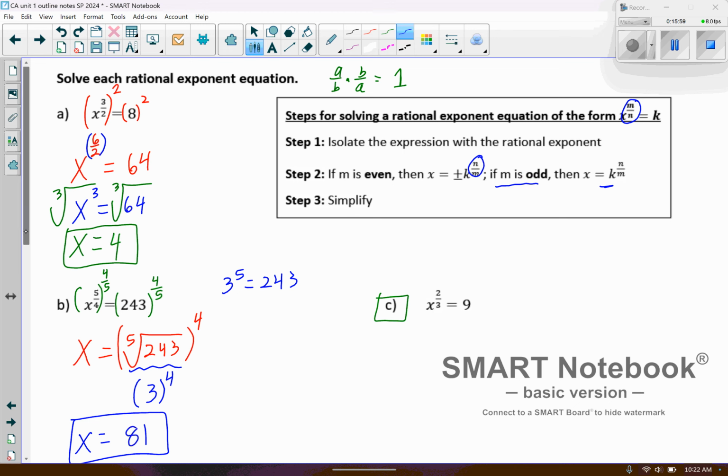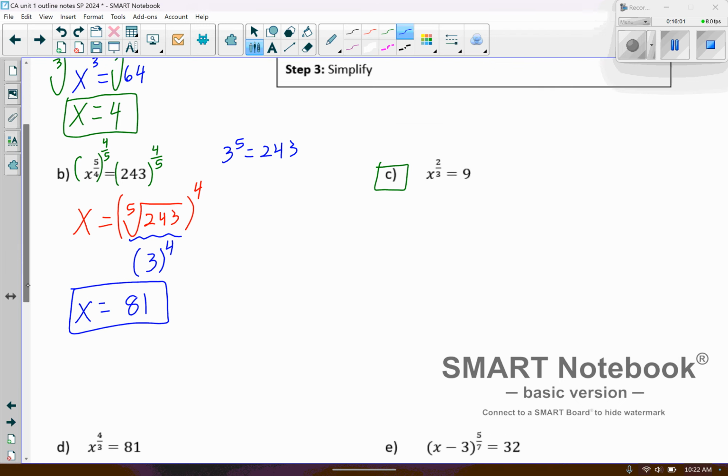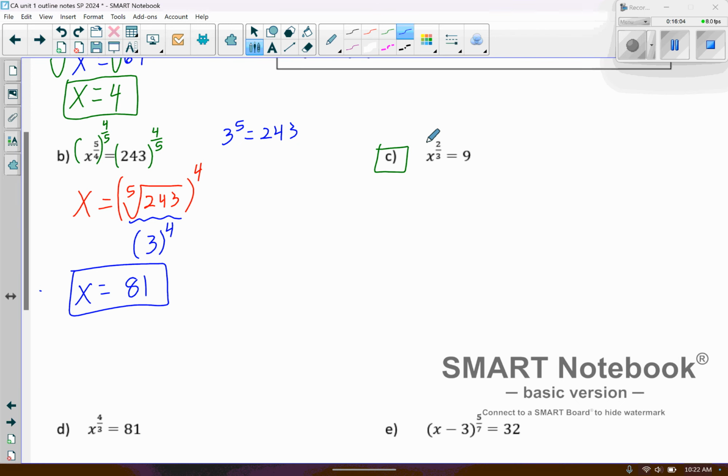So let's look at C because we're going to see that on this one. So I'm going to raise both sides to the 3/2 power. Raise this side to the 3/2 power. So what you're going to see here, this turns into x, but then what you're going to notice is, oh, I'm taking the square root.